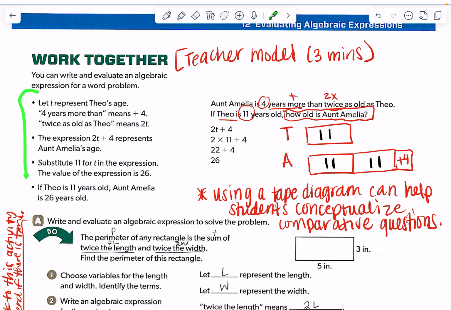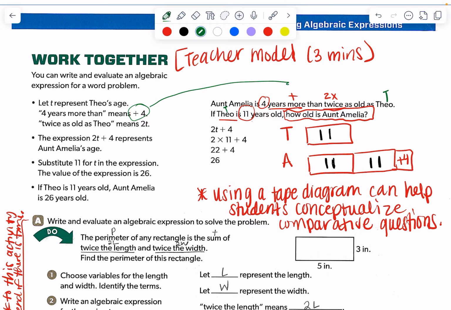Focusing on these steps, it says let T represent Theo's age. 4 more than means that I'm adding 4. Nice job when I annotated. I took a note of that.